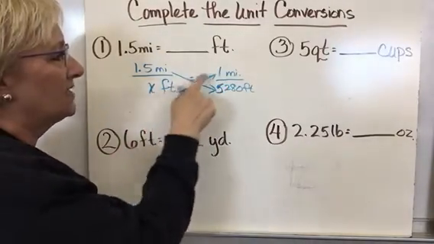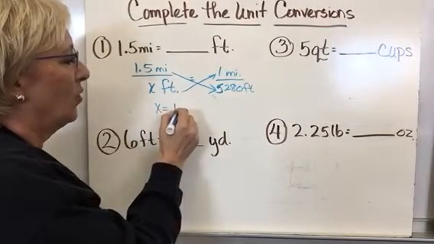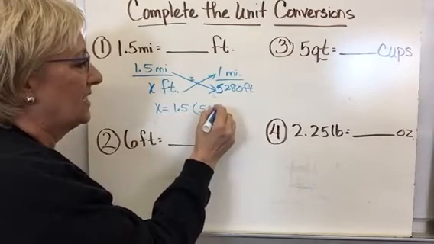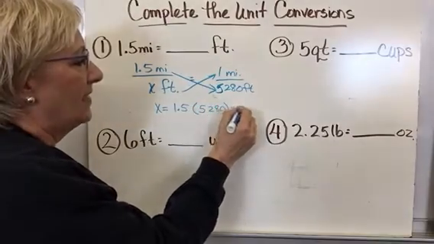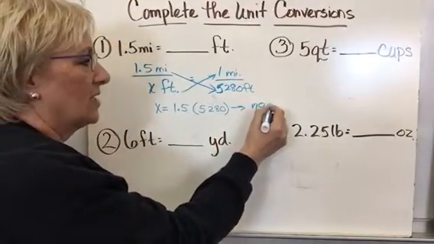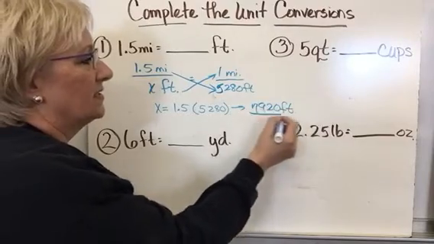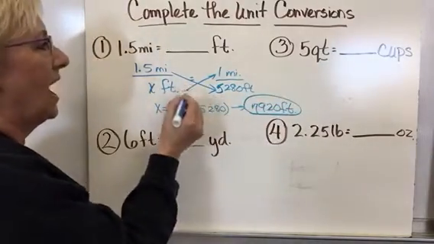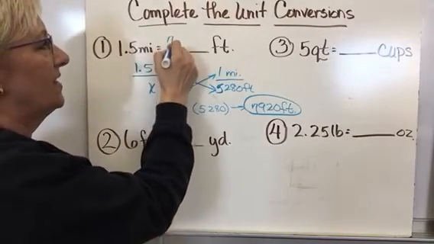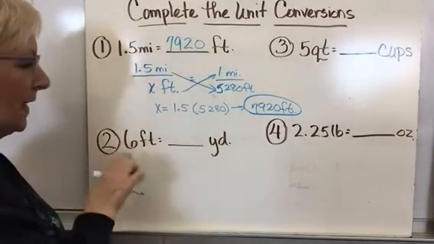And I know that x feet times 1 is just going to be 1x, and x is going to equal 1.5 times 5,280. And when I get that, the answer is going to be 7,920 feet. Okay, so this is the answer by cross multiplying. So I know that 1.5 miles is going to be 7,920 feet.